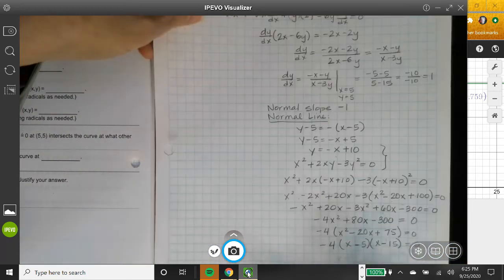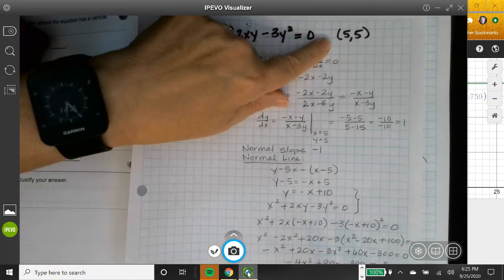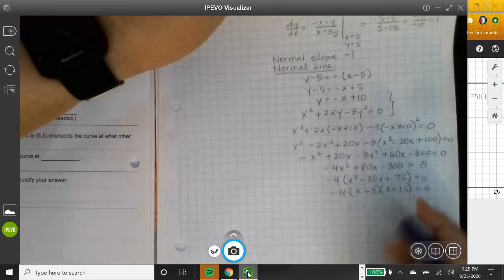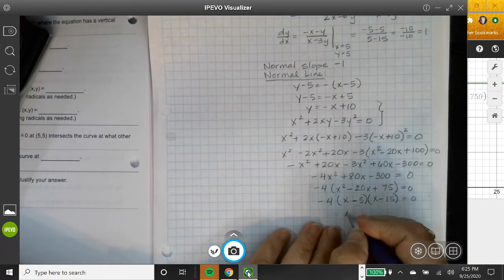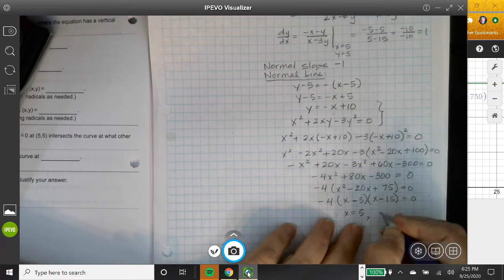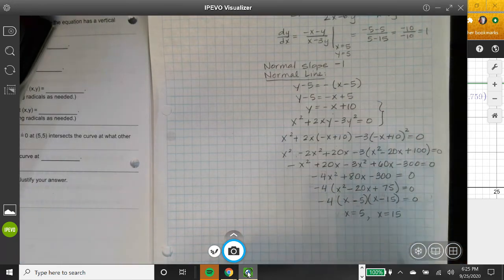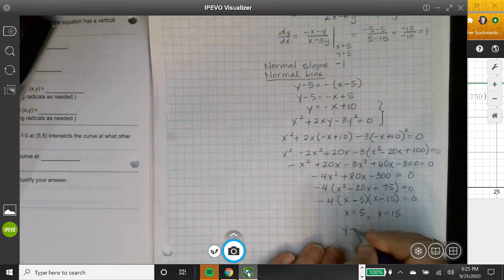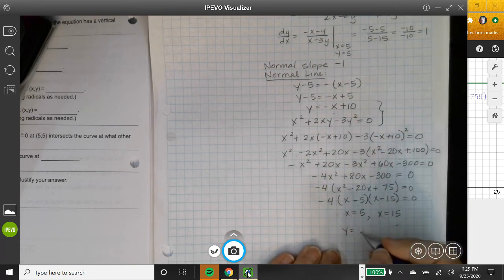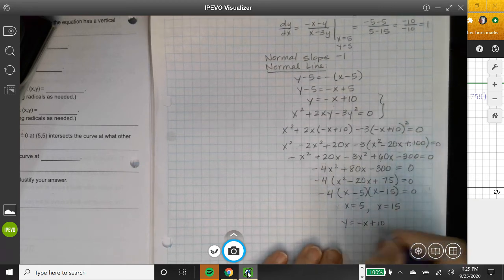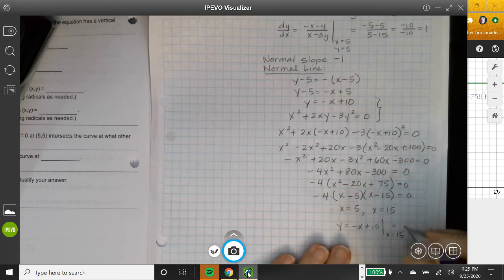Why? Because I know I have a point on there that's 5, 5. So this makes sense that I'd have a 5 here. So I have x equals 5 and x equals 15. Now I have to find the y that goes with that. Well, if y equals negative x plus 10, and x equals 15, I get negative 5.